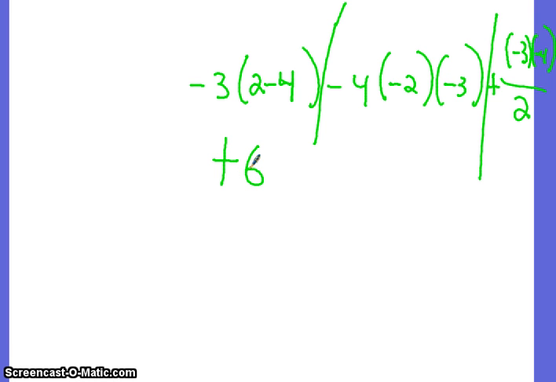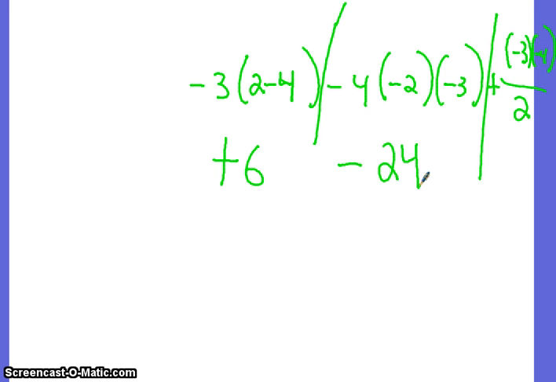And then my next one in the middle is all multiplication. The whole thing is multiplication. So I have 3 negative numbers that I'm multiplying. So that means my answer is going to be negative. So I can know that. What is 4 times 2 times 3? 8 times 3. So I get negative 24.